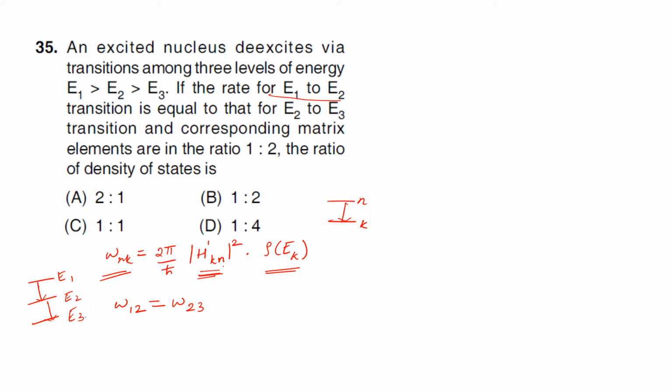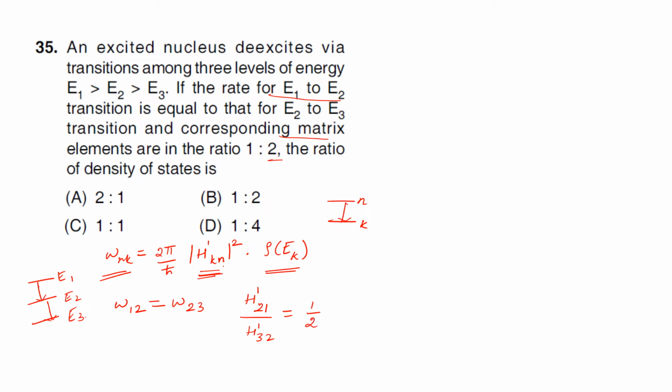And also it is given that the corresponding matrix elements, H prime 2 1 to H prime 3 2, are in the ratio 1:2.